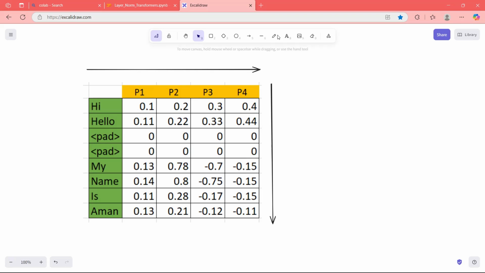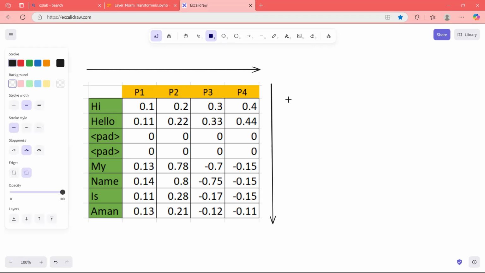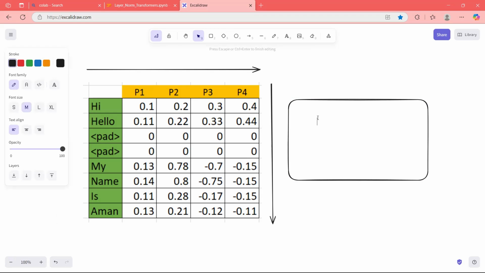Okay, so one thing I want to write here is that you need to always remember: vertical or feature wise normalization is called batch normalization.